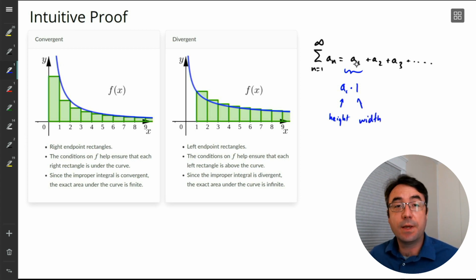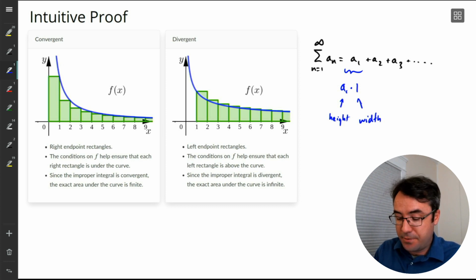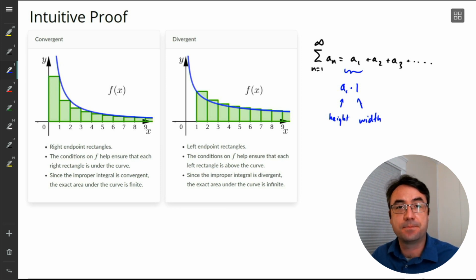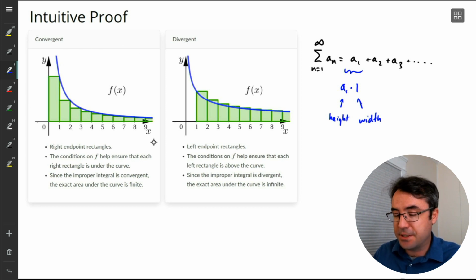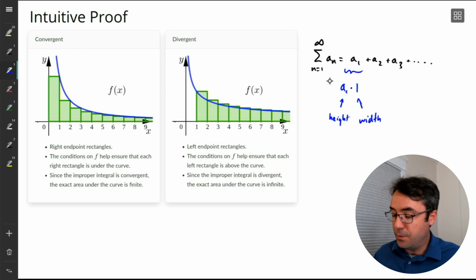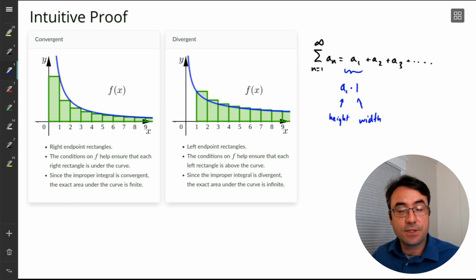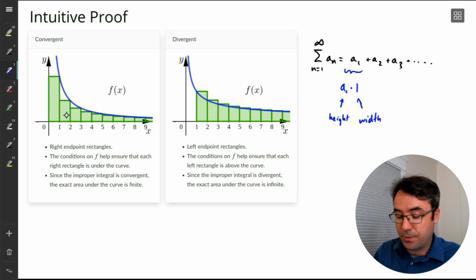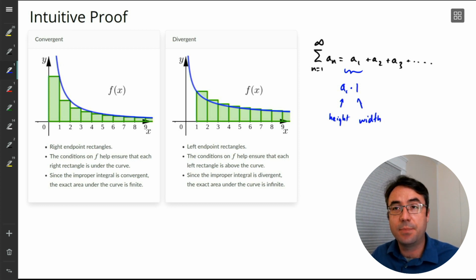So when we have a series, adding up all these terms is really like trying to add up the area of an infinite number of rectangles. In this first case, our improper integral is convergent. We view each term that we're adding up as the area of an individual rectangle.